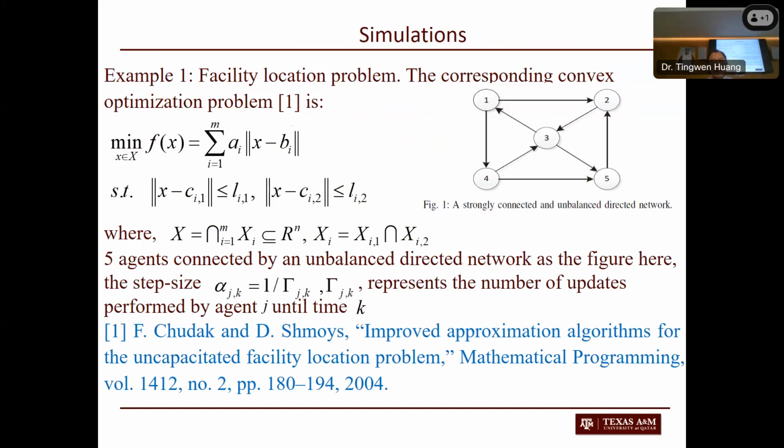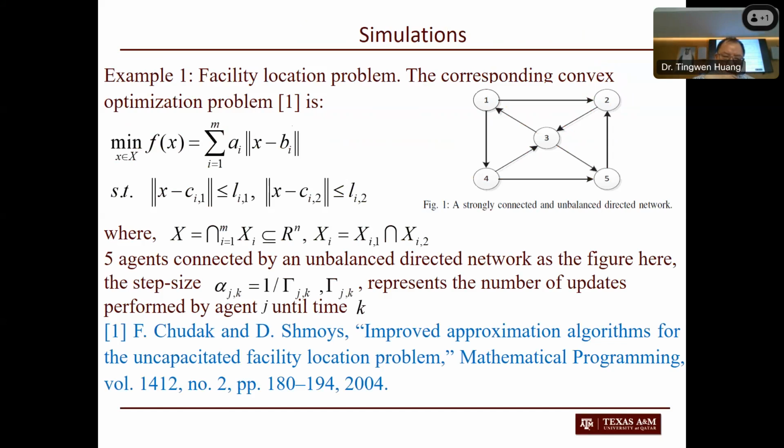So x minus bi is basically the distance from the chosen location to the given locations. Now this is of course with some constraints.